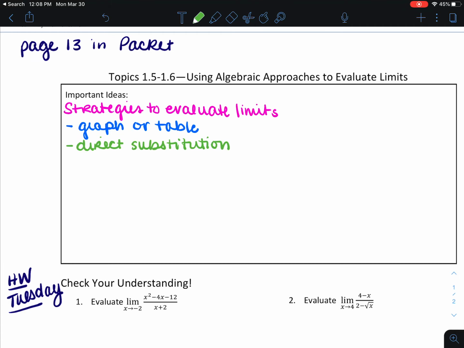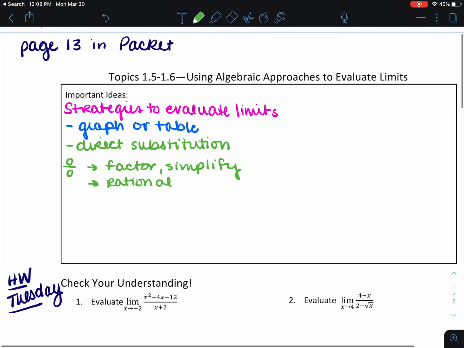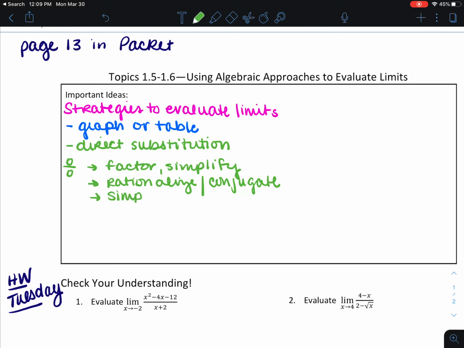If you directly substitute and get 0 over 0, that's going to mean you need to either factor and simplify, or it's going to mean you need to rationalize or multiply by the conjugate. And in the fraction examples, it also meant that we needed to just simplify the problem and cancel out.